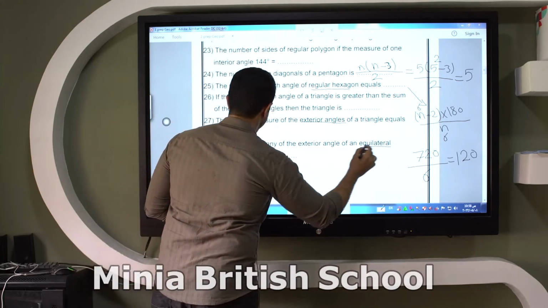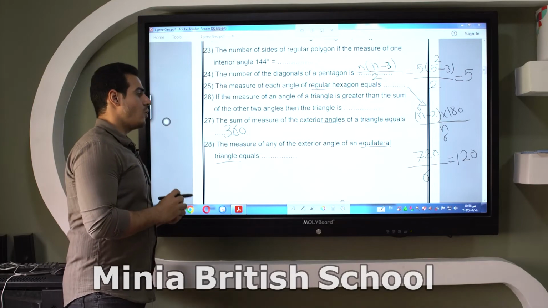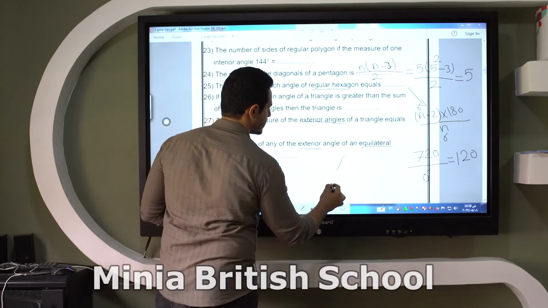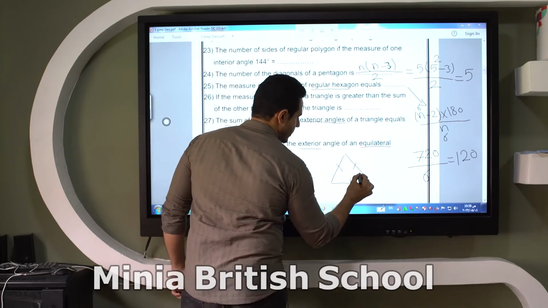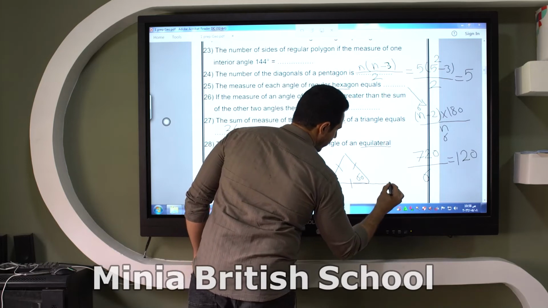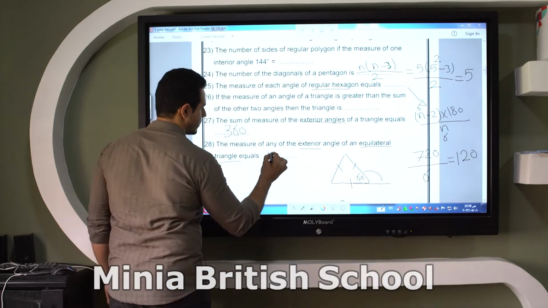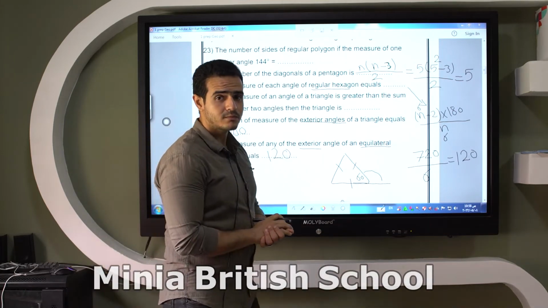An equilateral triangle means all sides are equal and all angles are equal, so each angle equals 60. So the exterior angle equals 120.